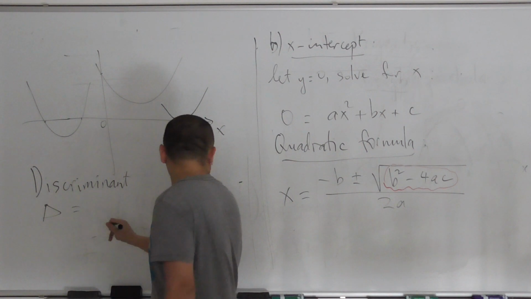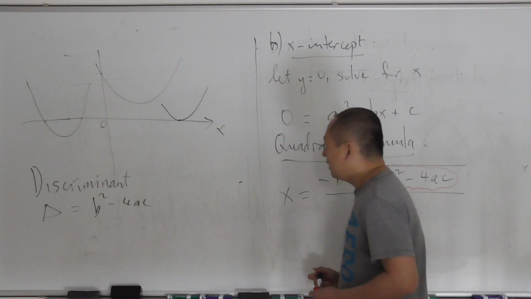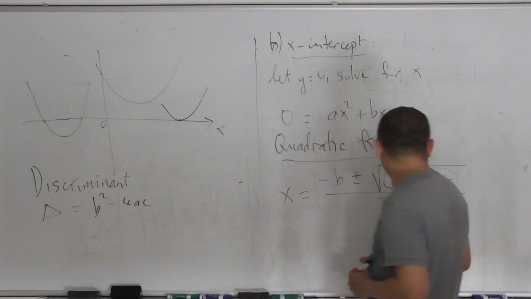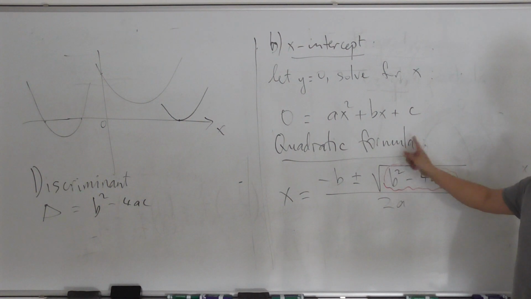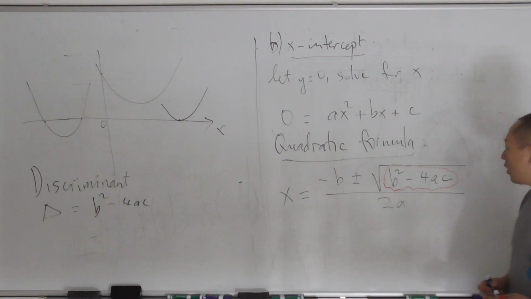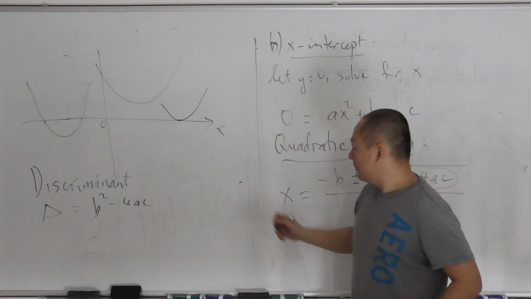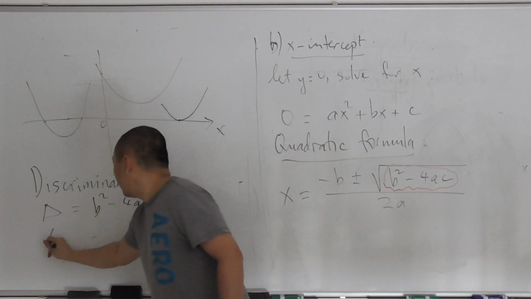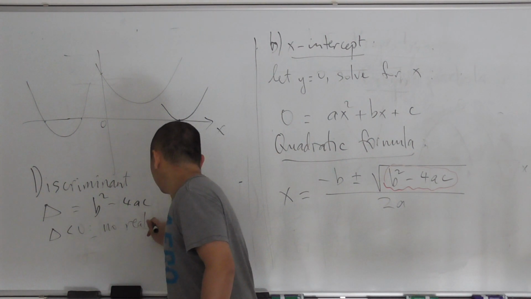It's b squared minus 4ac. You see, if this delta is a negative number, say negative 5 or negative 4, and you take the square root of a negative number, you have no real solution. We have no x-intercept at all. If delta is negative, no real solution.